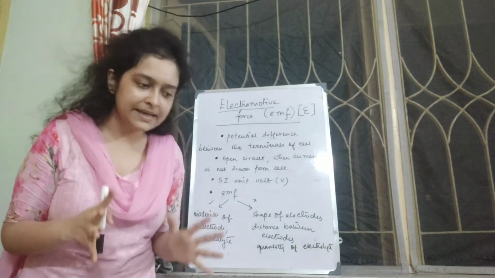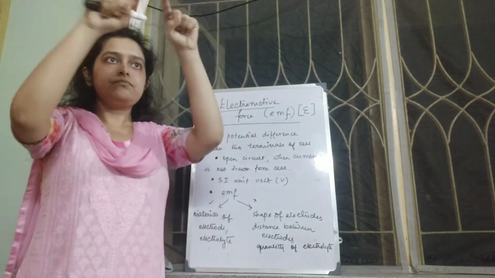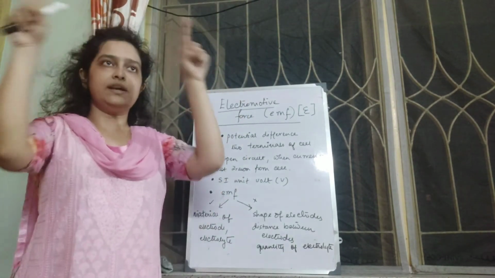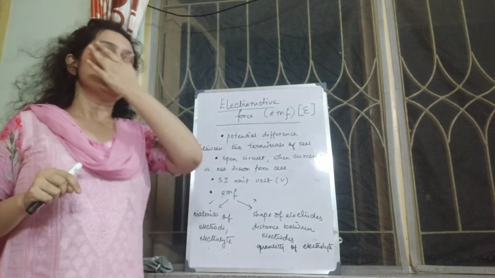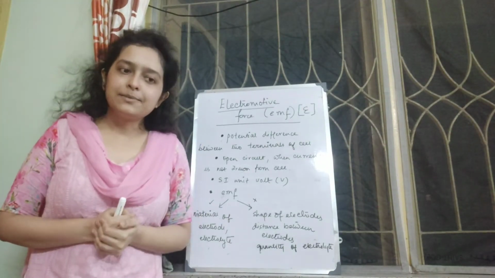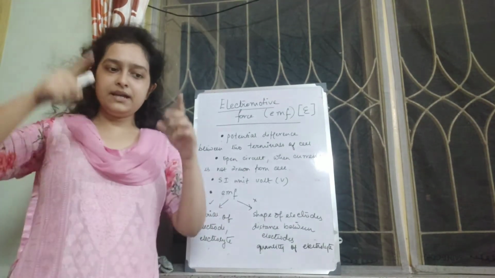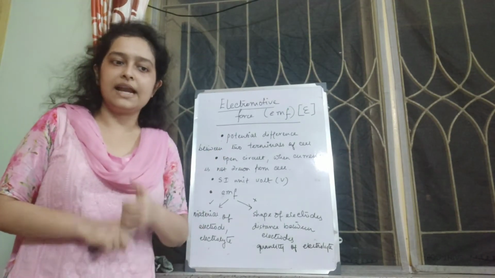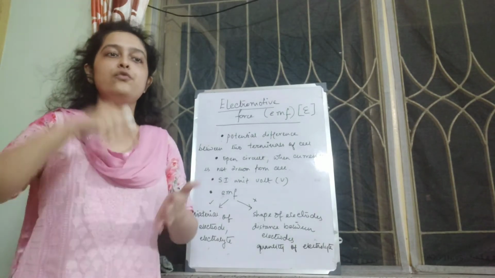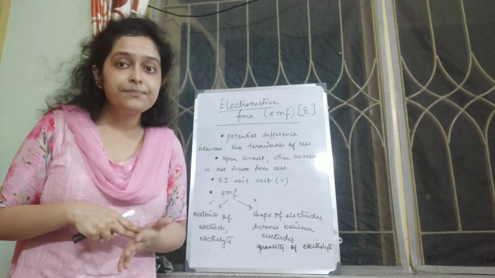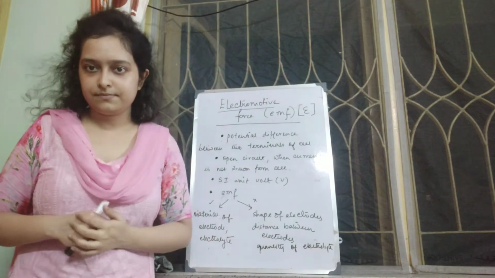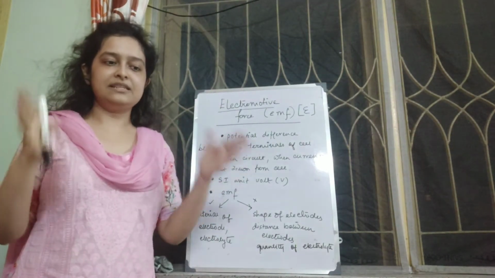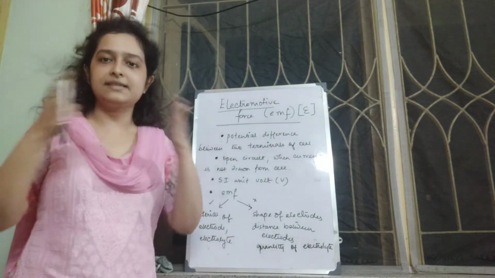So basically, if I connect, say, a bulb across the two terminals of the cell, that is the two electrodes, the current will be compelled to flow. The current will start flowing due to which driving cause? Electromotive force. Because this is the basic potential difference which has been established between the two terminals of the cell.